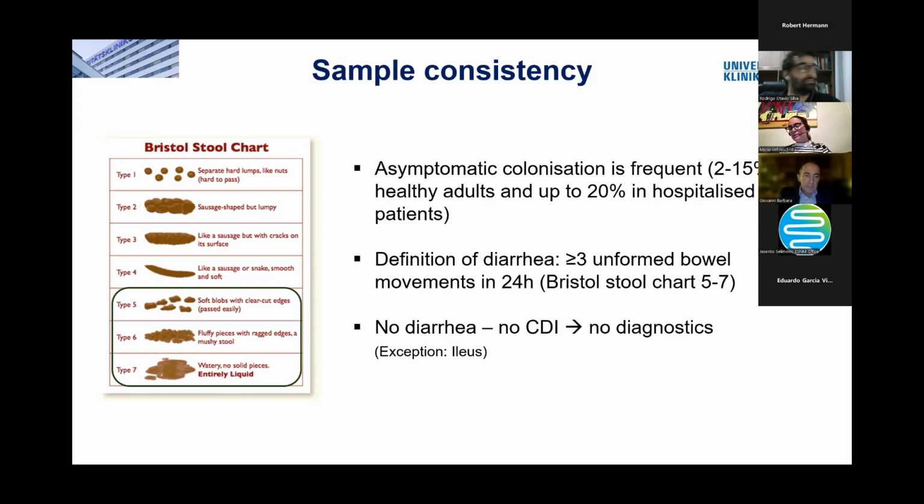And what you don't want to do is to send samples to the laboratory to then diagnose a carriage. You only want samples to undergo analyses that are from symptomatic patients.